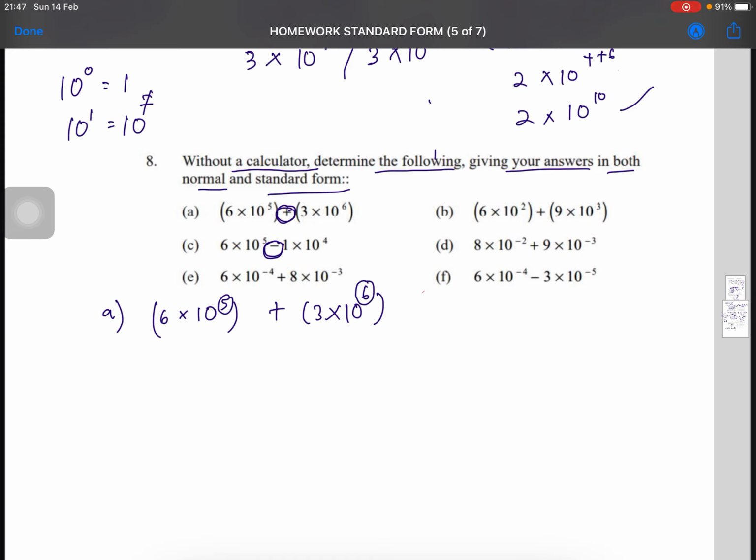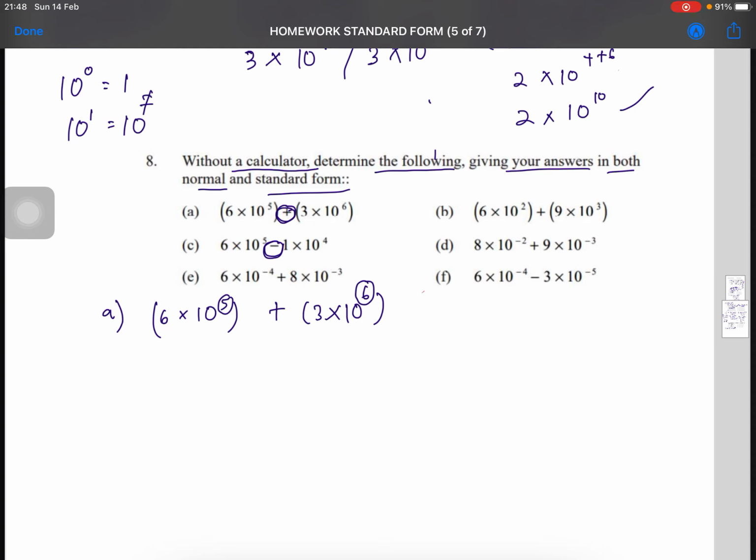You can choose any power you want. You want 5, can. You want 6, can. But the final answer, you must leave in standard form.